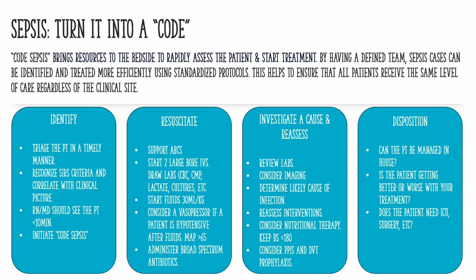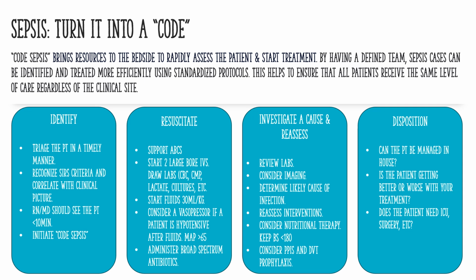Making sure that you're getting 2 IVs. I always say 1 IV is good, 2 is better. When we talk a little bit about treatment, you really should have 2 because you're going to be administering multiple antibiotics, potentially electrolyte replacement, multiple bags of fluids. You might have to start vasopressors. So really 2 large bore IVs is super important.